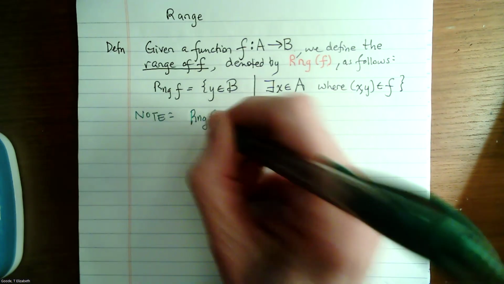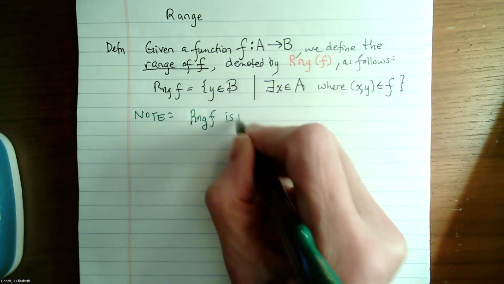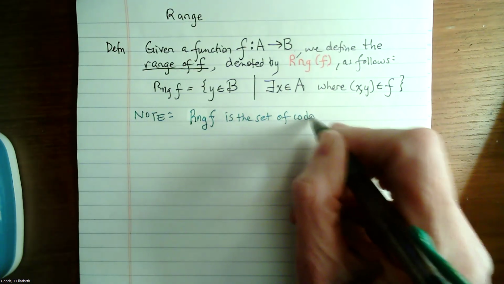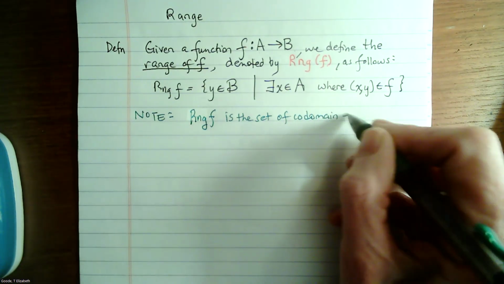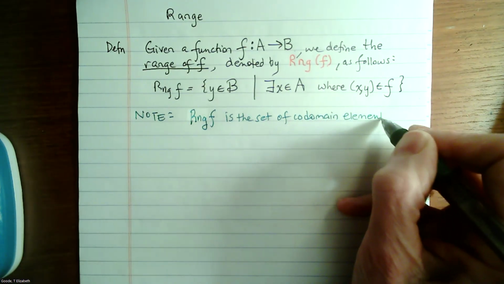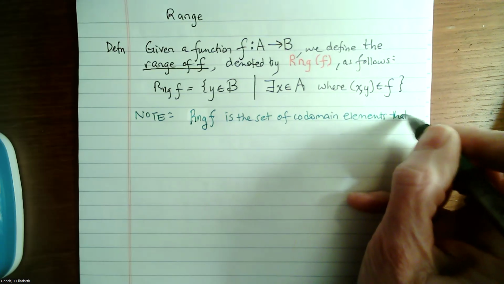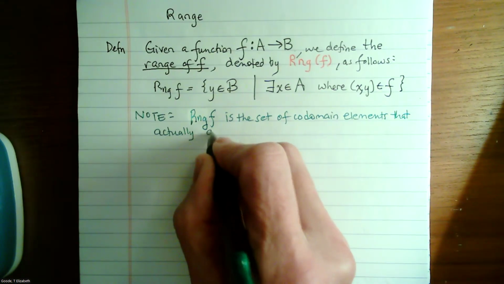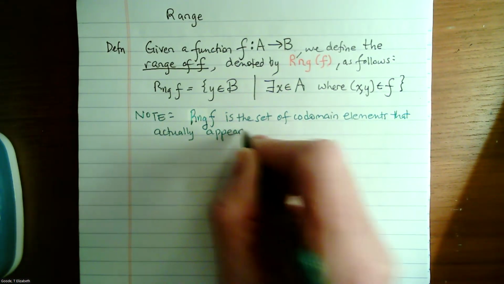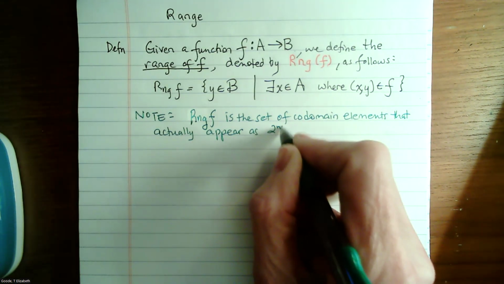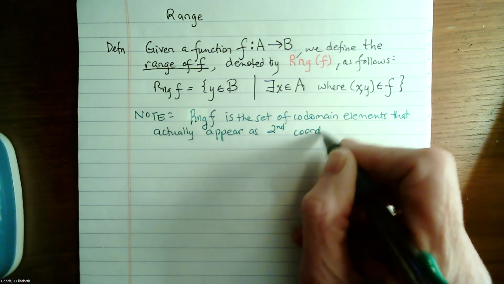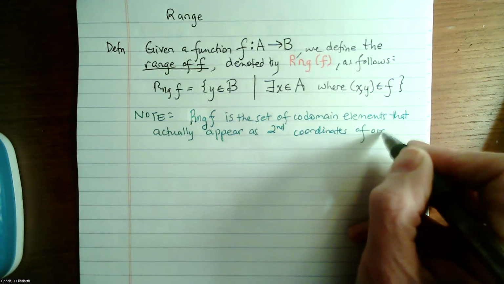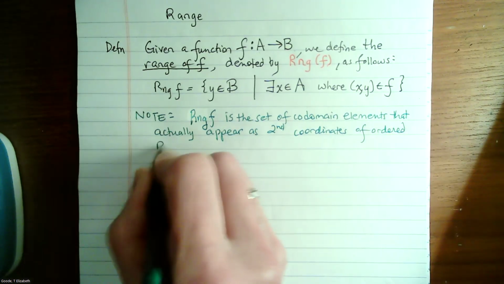The range of F is the set of codomain elements that actually appear as second coordinates of ordered pairs in F. Any questions?